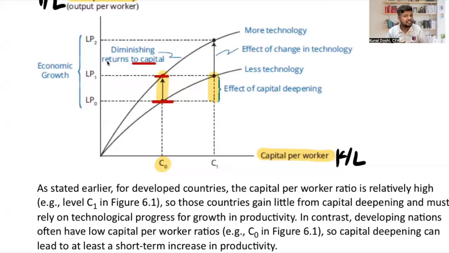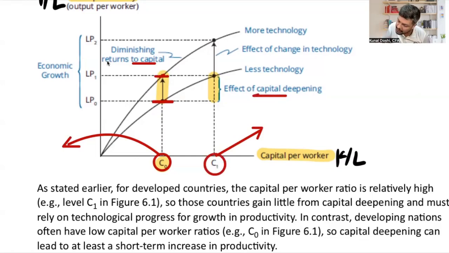So it's a diminishing marginal utility. Now, these countries are different and these countries are different. But you will see this C1. C1 is a type of country whose majority of growth is not coming from capital, but majority of growth is coming from technology. This is bigger than capital.